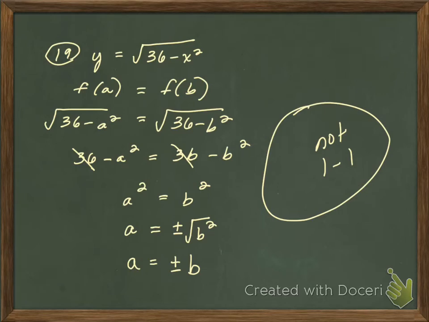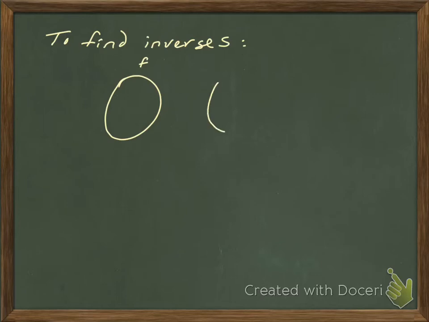To find an inverse of a function, once you determine it's one-to-one, you can go about trying to find its inverse. You basically send a point A to B, and then take the inverse by sending B back to A. Let's say I have a function f and a function g.